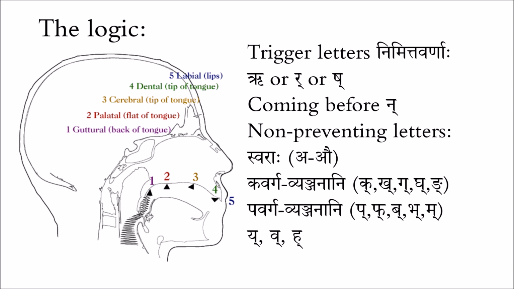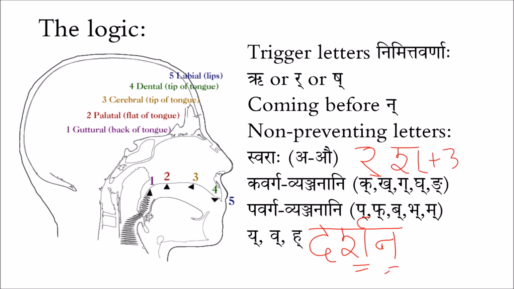In this case, we looked at na changing to ṇa. These are all the Vyakarana rules. They are formed based on the natural pronunciation, how it occurs during the pronunciation. So that is an example which we just saw. Some other time we'll look at the logic behind other sandhis also.